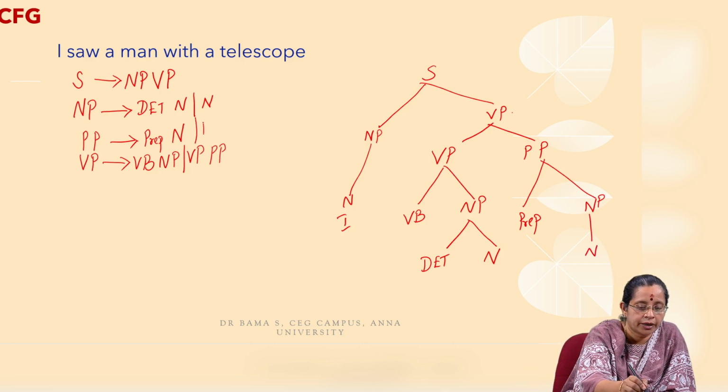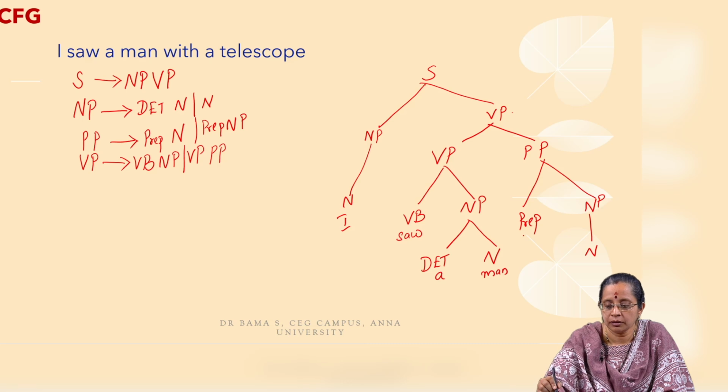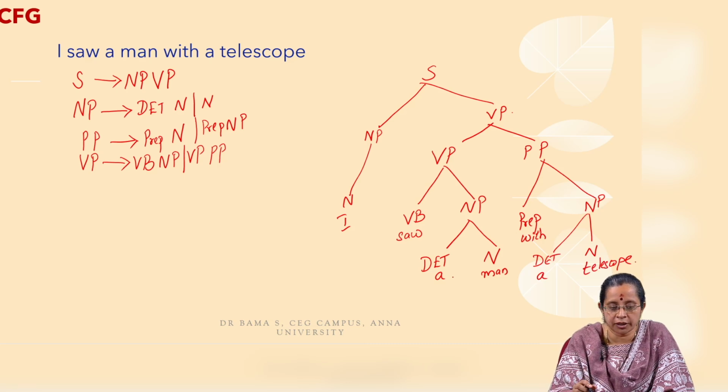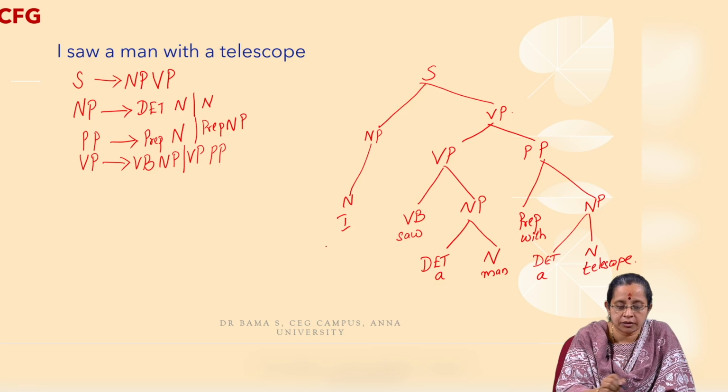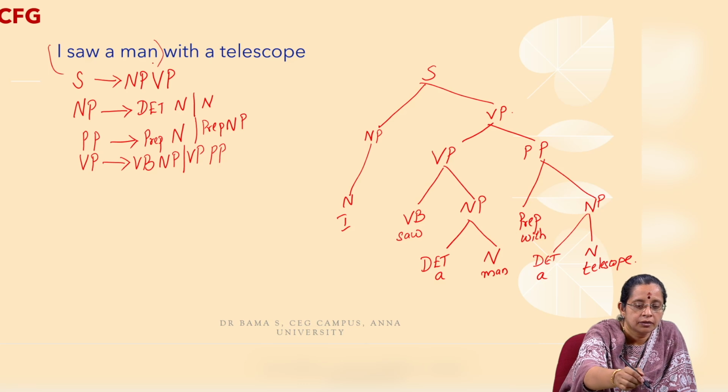So, "I saw a man with a telescope": determiner, noun, preposition, determiner, noun.